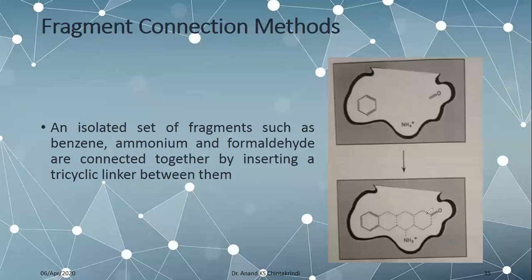So if the receptor shape is such that it is in this fashion, this tricyclic linker now would bump into this. So precaution is taken. The acceptable linker would be such that it will not bump into this. So this is how it is linked in. So the linker requirement is that it should not bump into the active site.